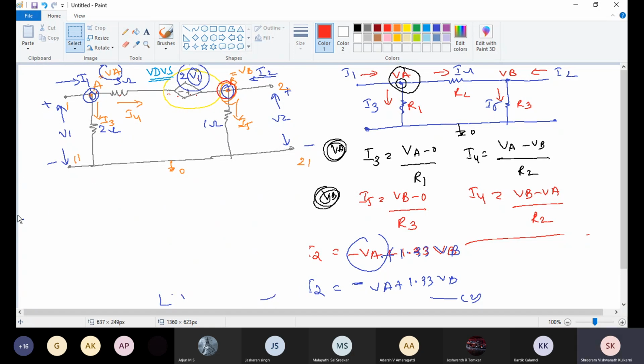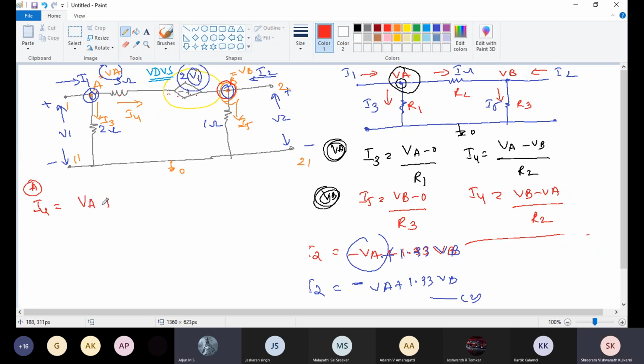Everyone knows this, but don't confuse. Why I did that is because here we can take this as minus I4, right? In the equation we had it as minus I4. So instead of writing I4 and then taking minus, we can directly take minus I4 by taking from node B. That's what I meant.